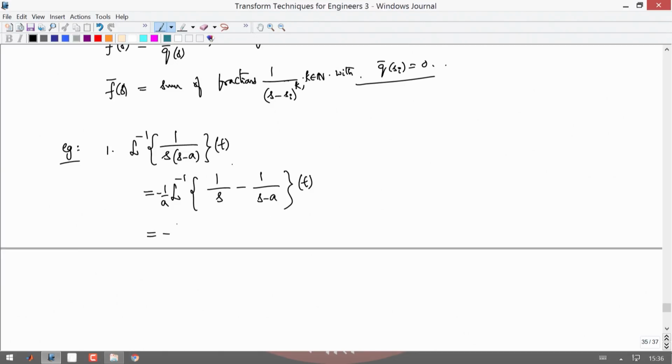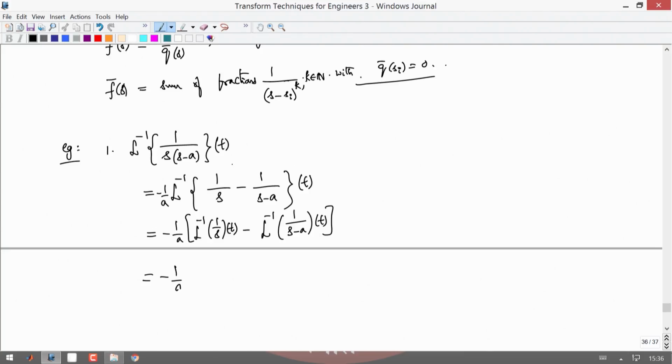This is equal to minus 1 by a times L inversion of 1 by s as a function of t, minus L inverse of 1 by s minus a as a function of t.